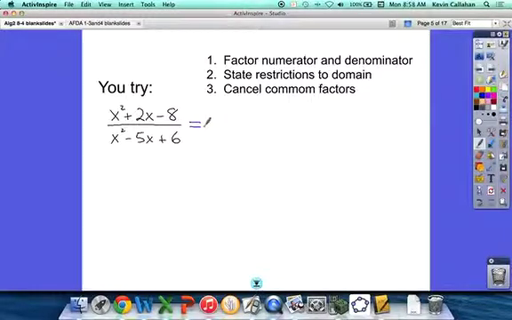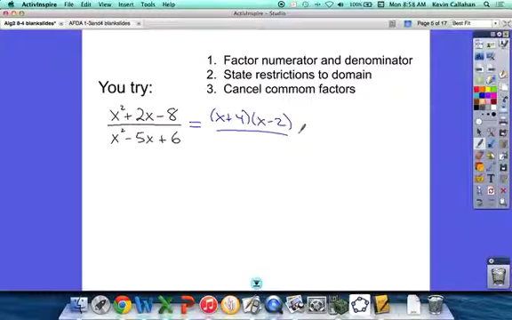To factor, these are simple quadratics because the a equals 1, the coefficient of x squared. So it's a one-step process. What are the factors of negative 8 that add up to positive 2? And you would say plus 4 minus 2.